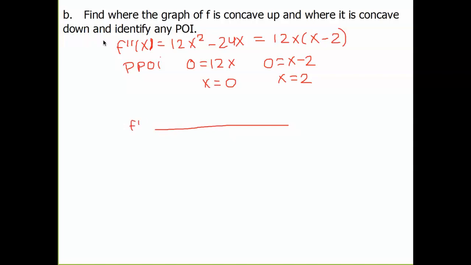So we're going to do our second derivative number line test. If I plug in a negative, 12 times negative 1 is negative. Negative 1 minus 2 is negative. Negative times a negative is a positive. If the second derivative is positive, then my graph is concave up.